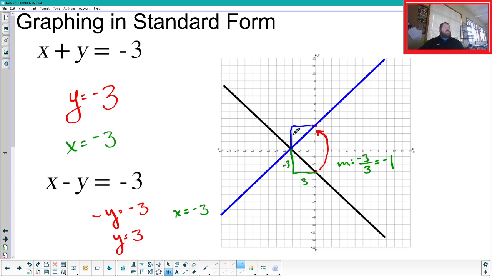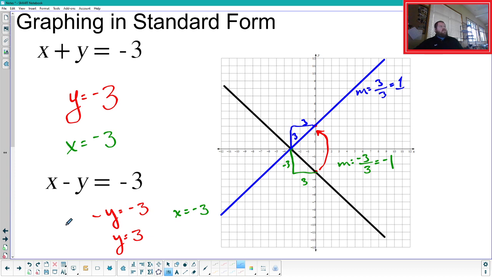So it goes up 3 and over 3, which is a slope of 1. Sorry about that. So that one has a slope of 1, whereas this one had a slope of negative 1.